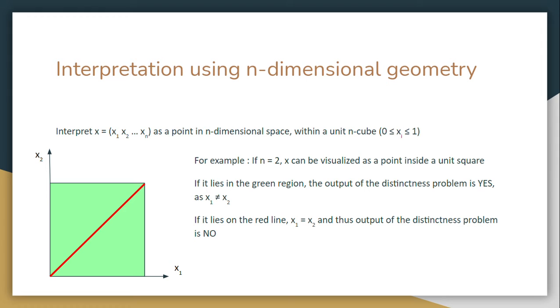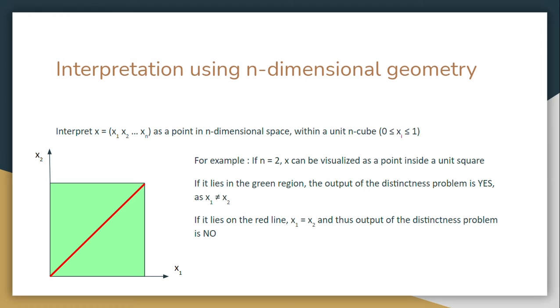For example, if n is equal to 2, we can see in the figure to the left, it can be visualized as a point inside a unit square, as it has two numbers, so it can have two coordinates. And we see that if it lies in the green region, in the region highlighted by green, the output of the distinctness problem is yes, because x1 is not equal to x2.